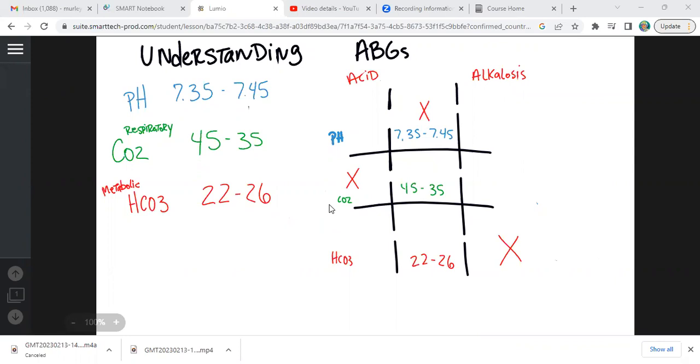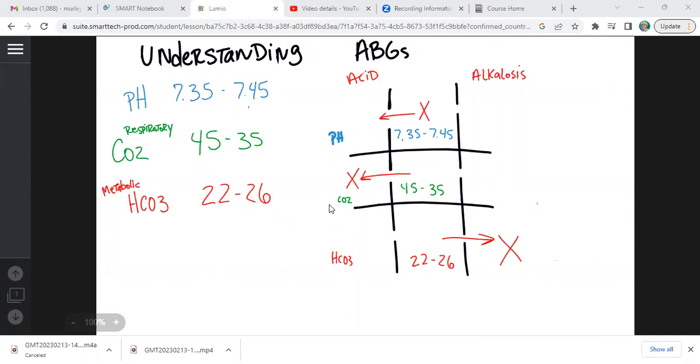So you have to understand that when you build up CO2, it would normally drag this in the same direction. But this one is the compensatory mechanism, so we're compensating. Bam! Fully compensated respiratory acidosis.